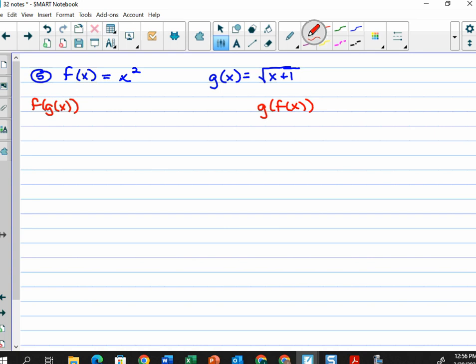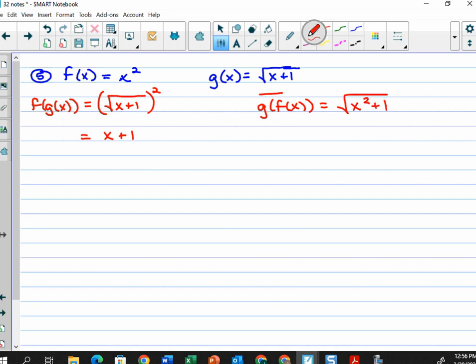What's it for g of x? Because it's just a square root. It has to be greater than or equal to 0. So x squared plus 1 is greater than or equal to 0, minus 1 and square root, plus or minus square root.